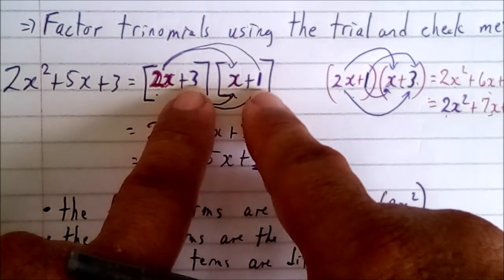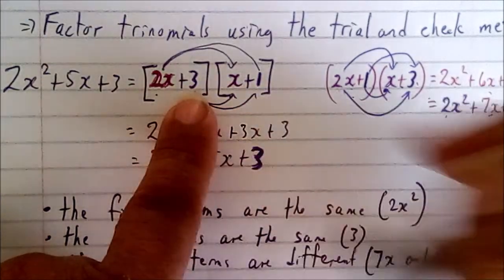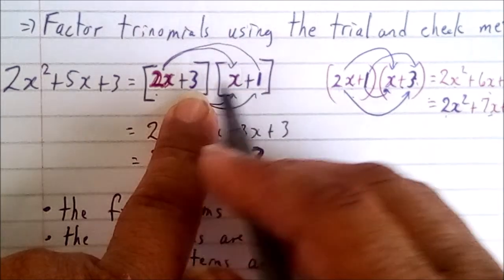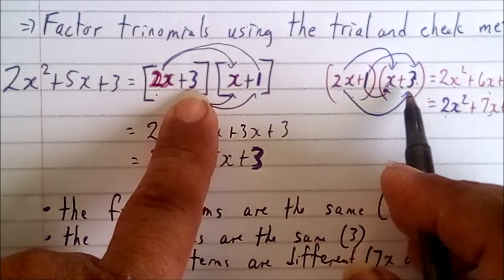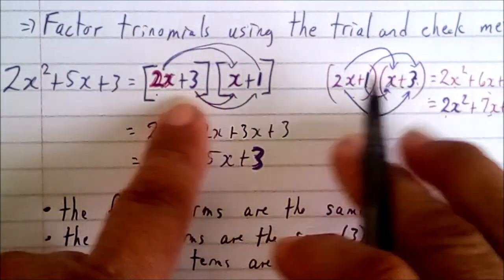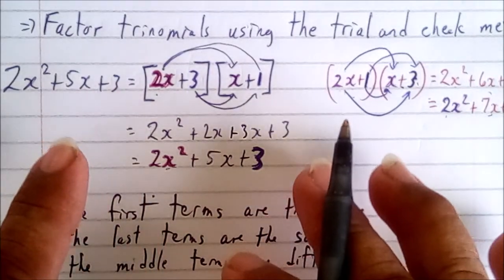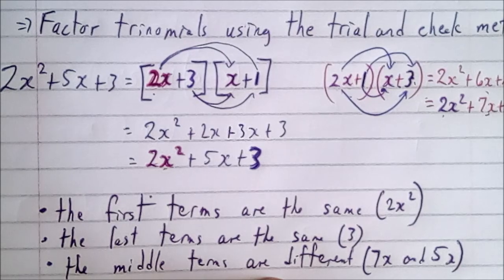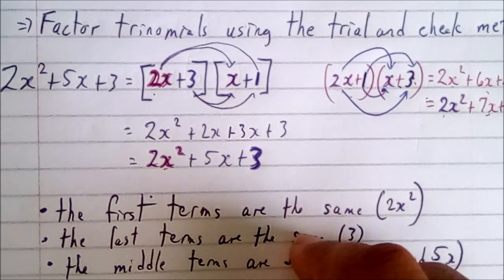So despite us changing them from here, notice that we put the 3, we combine with the 2x and the one outside, then the only difference is the middle value, right? Nothing else. This fact helps us in factoring trinomials using the trial and check method, which we will be doing right now. Just trial and check, so we will just be checking them.